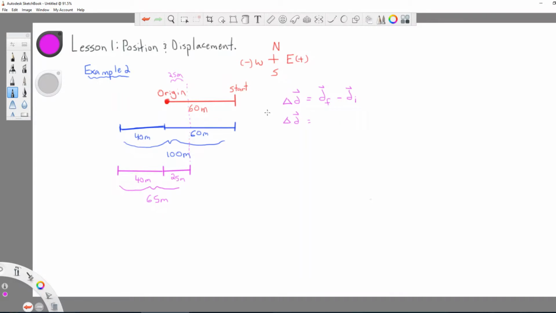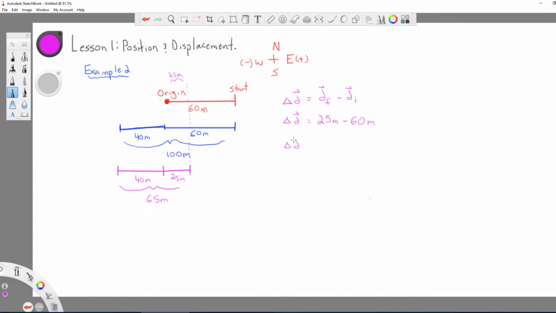So what did we finish at? We finished at, final here, 25 meters east. East being our positive value, we're going to say 25 meters. We're going to subtract our initial distance, which was 60, so minus 60 meters.